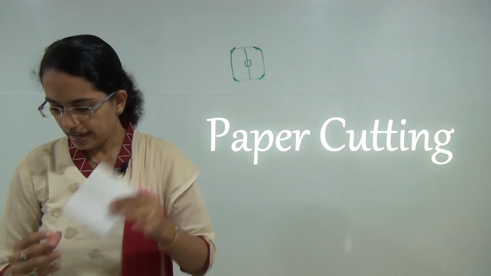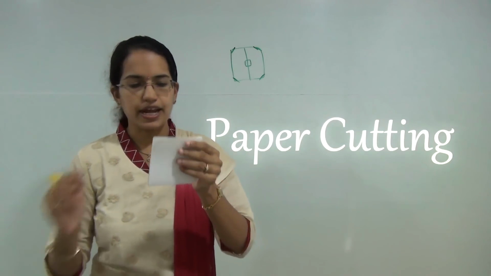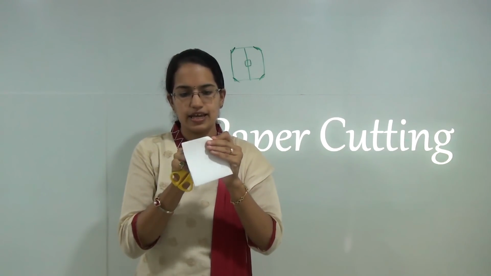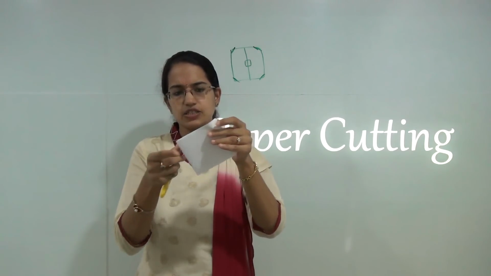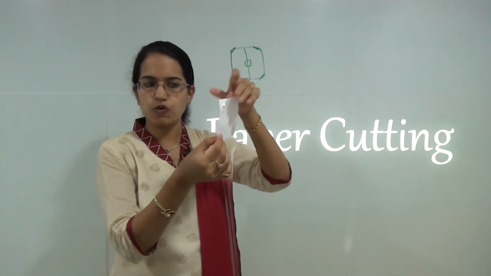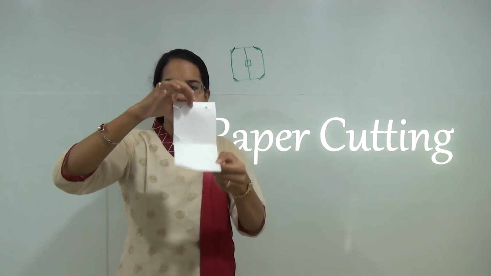Now if I have another piece of paper here, I am trying to prick out holes towards the border. So let's say I do holes here on the three sides of the paper and not the point where it is folded. So what would happen when I open it up?